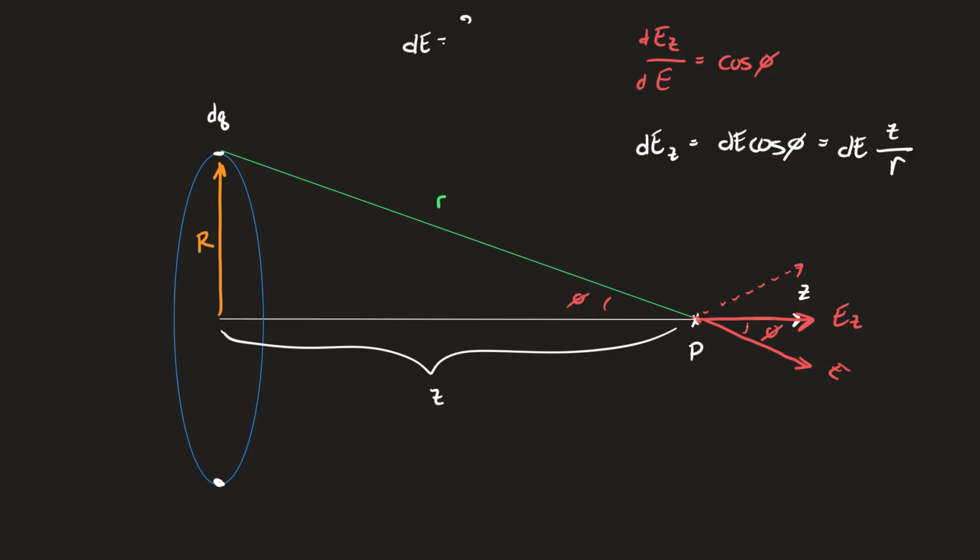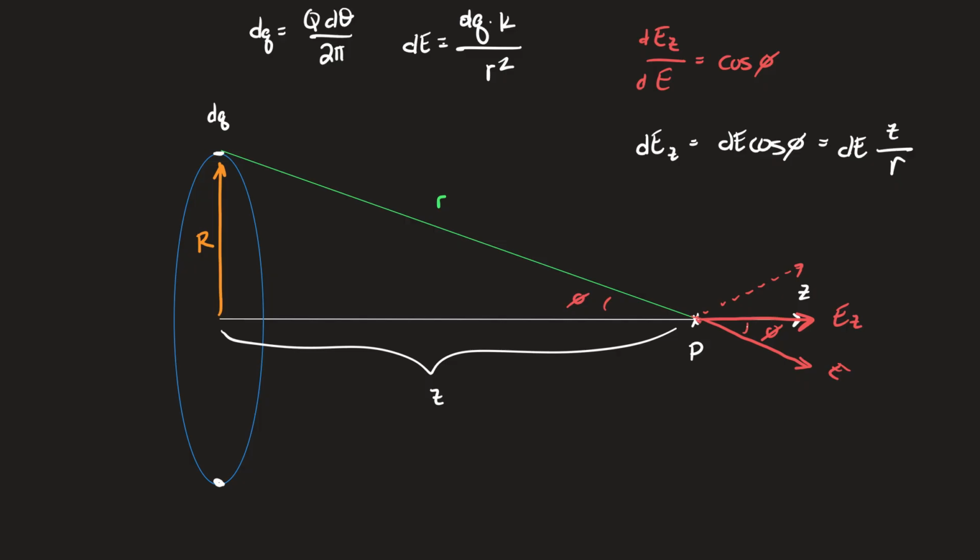Well, that's going to be dq times k over r squared. We already have dq from earlier: dq is going to be q d theta over 2 pi. Remember, theta represents the angle that this r vector wraps around.